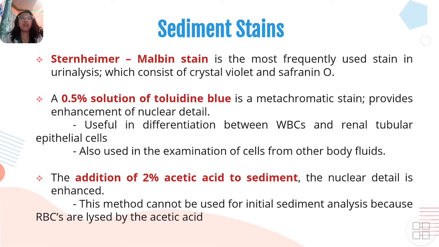With the addition of 2% acetic acid to sediment, the nuclear detail is enhanced. This method cannot be used for initial sediment analysis because RBCs are lysed by the acetic acid.